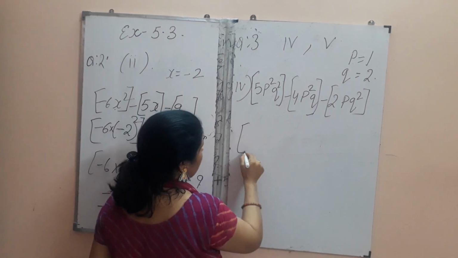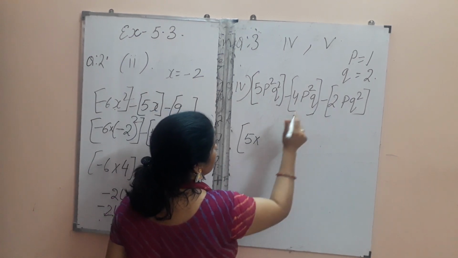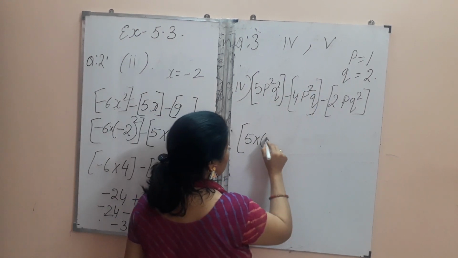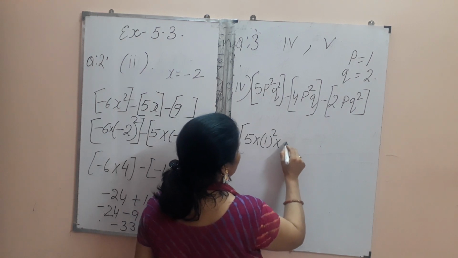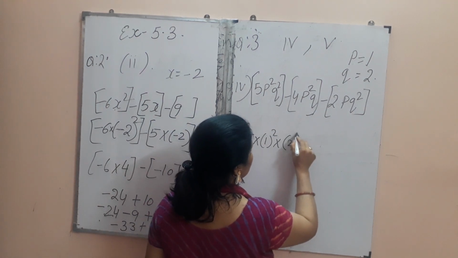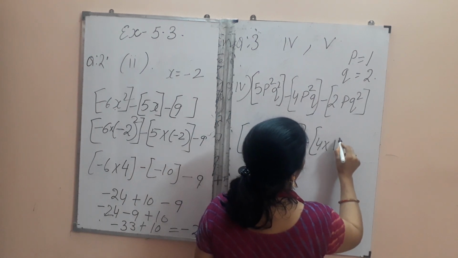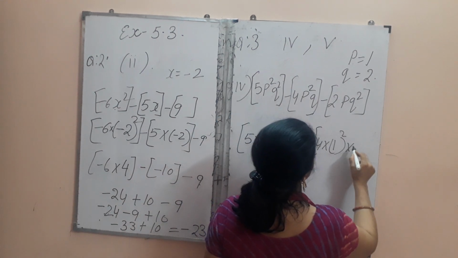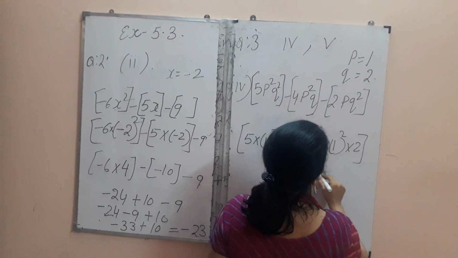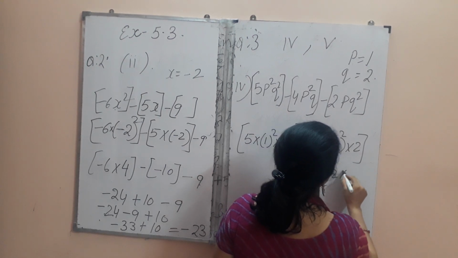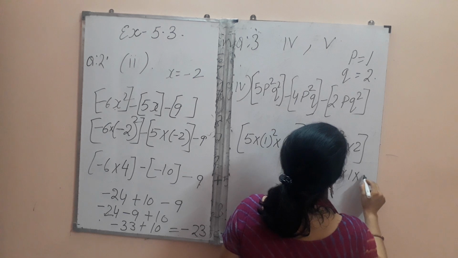Now we will put the values. 5 into P is 1, into Q is 2, squared, minus 4 into 1 square into 2, minus 2 into 1 into 2 square.